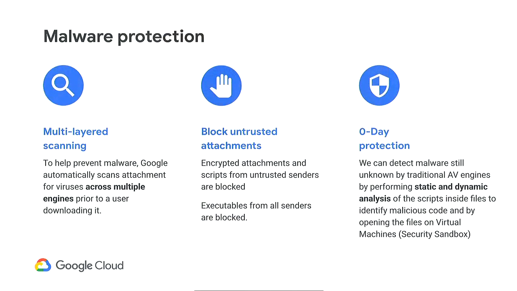The second thing is we block attachments that are not trusted. We block executables in Gmail, so you can't send executables by email, and we can block attachments that are encrypted and contain scripts. That's an option you can disable as an admin. By default it's off, but that's something you can enable in your domain. It really depends on your company.